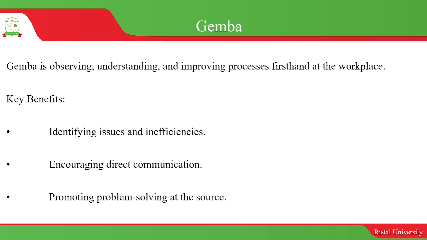Those are the examples. Let's look at Gemba. Gemba is observing, understanding, and improving processes firsthand at the workplace. The key benefits are identifying issues and inefficiencies, encouraging direct communication, and promoting problem solving at the source. In our clinical settings, we have been doing this quite a lot every day.